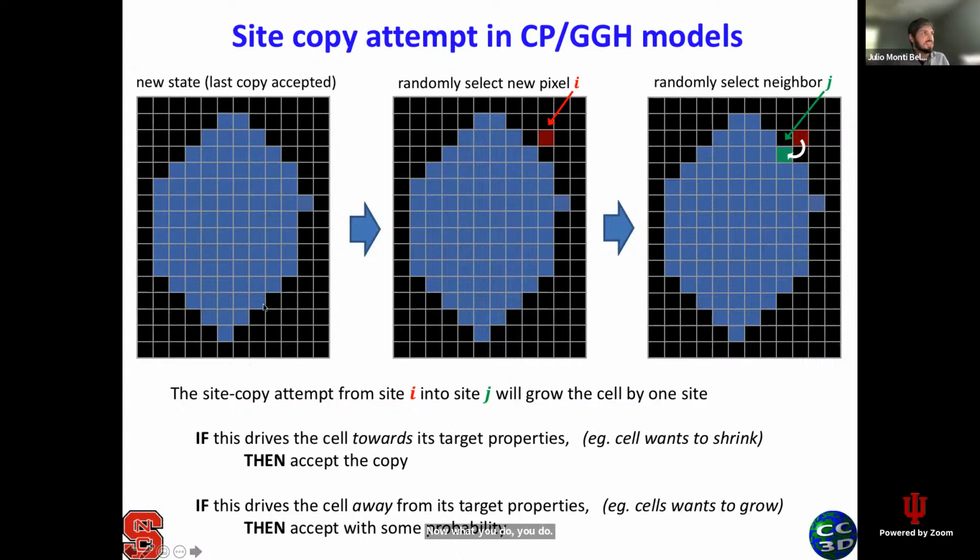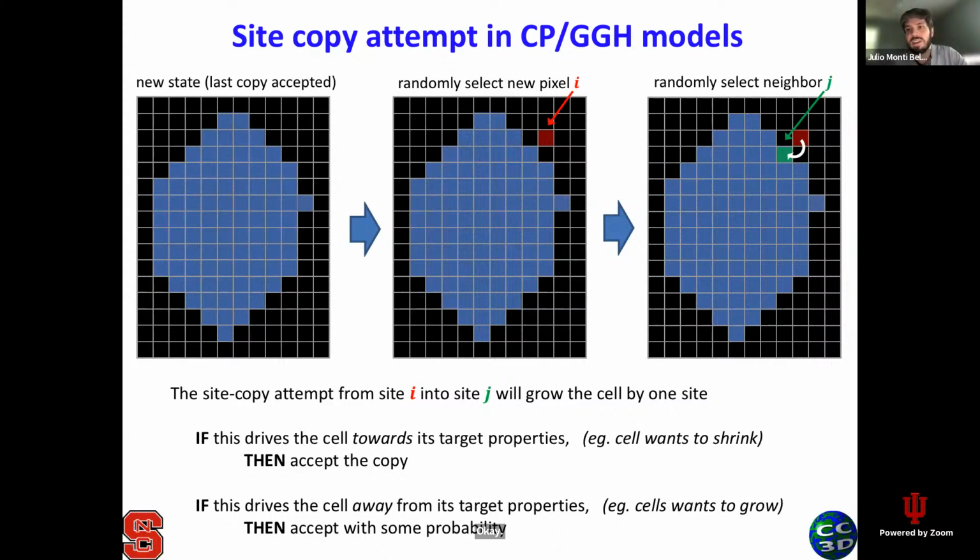And let's say that this time, instead of selecting a site that is inside the cell, you select a site that's outside the cell. You select this site here, I. And then you do a second selection of the sites around this one. And let's say you select this one here. So what's going to happen now is that the medium or the void will grow over a site occupied by the cell.